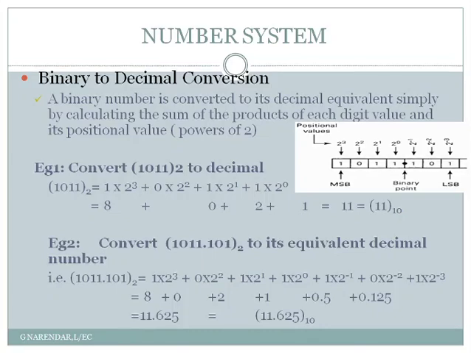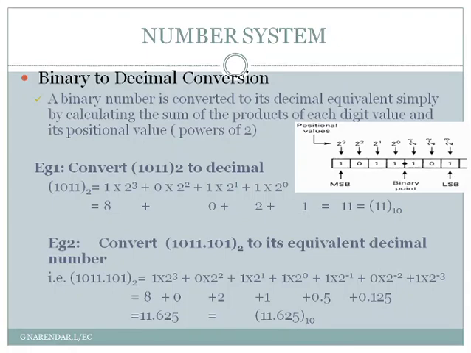Or I can say that the binary number 1011.101, when converted to the decimal system, gives the equivalent number 11.625. So this is how we convert a given binary number to a decimal number. The principal method is very simple.